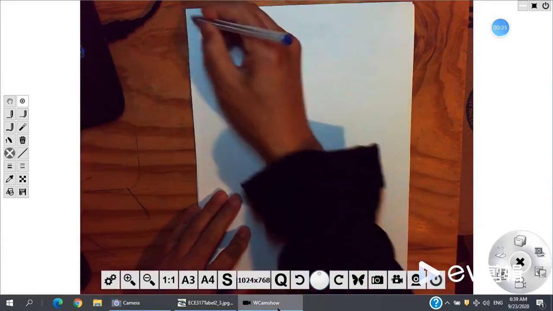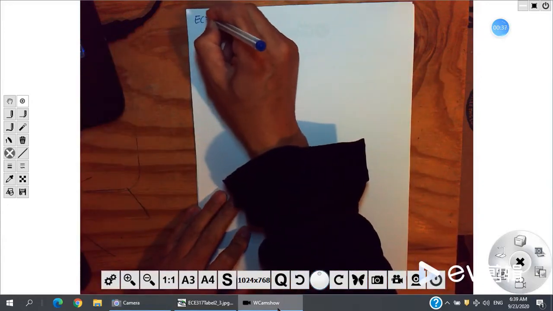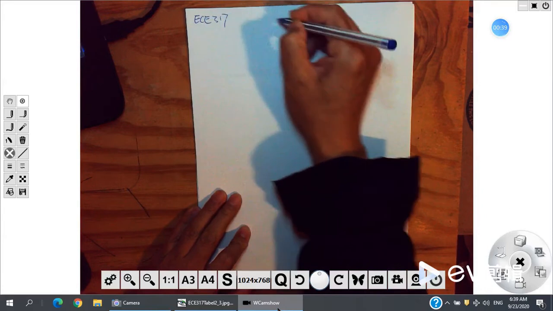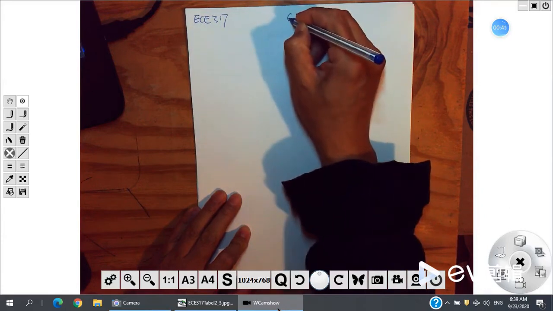Alright. And today we will discuss how to solve the difference equation with multiple poles or complex poles. ECE317 for the 6-week Wednesday class.